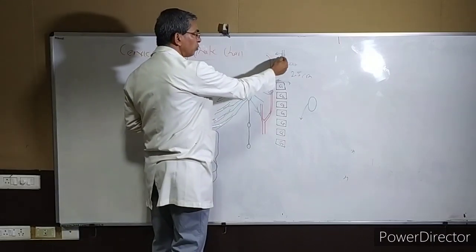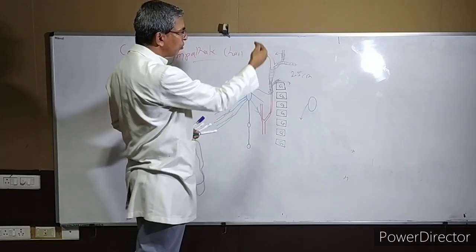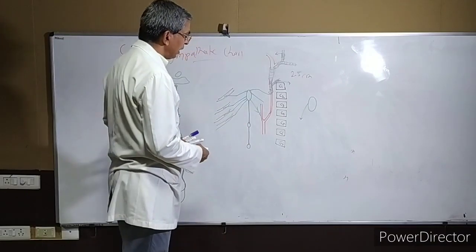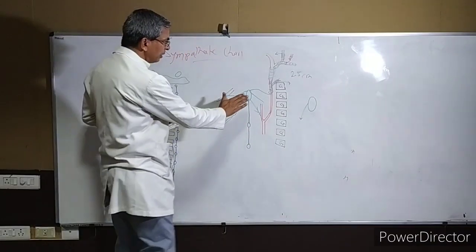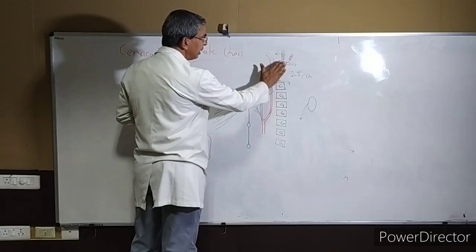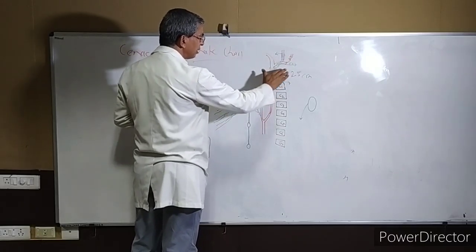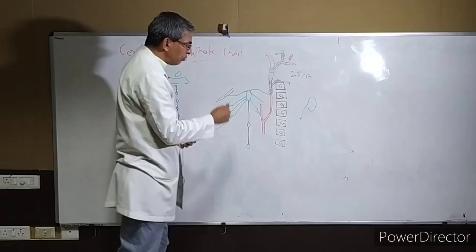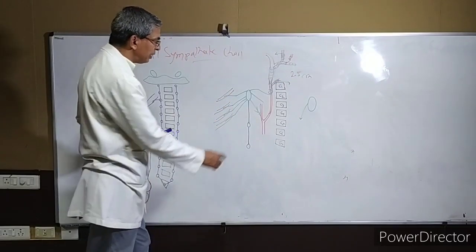This nerve fiber passes through the otic ganglion first and then through the auriculotemporal nerve, then supplies this parotid gland here. Clear? So wherever these arteries pass, the nerve fiber of the sympathetic system winds around the arteries and then supplies. So this is the first anterior branch here.